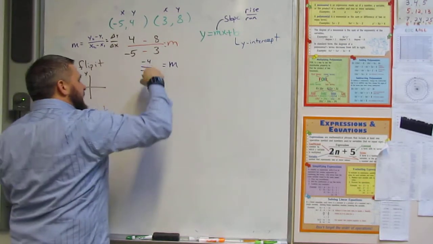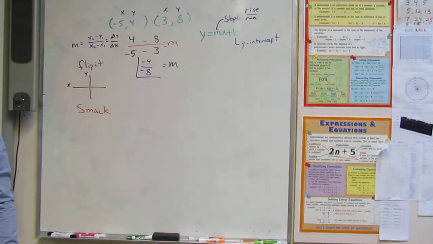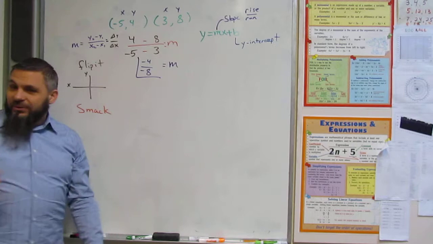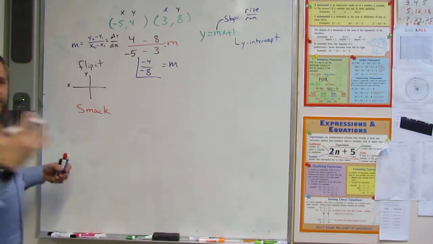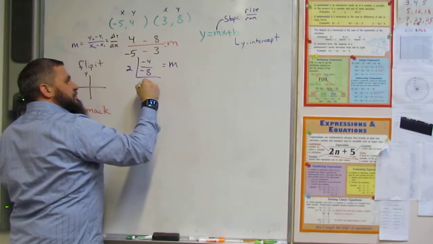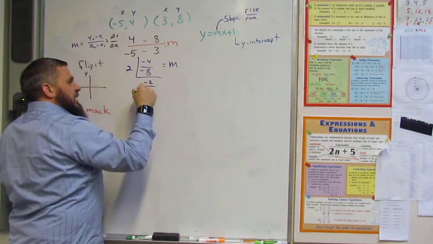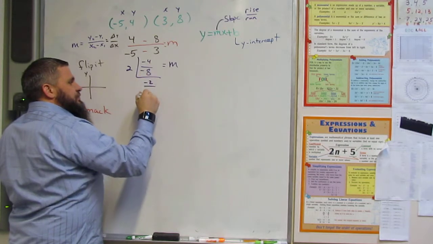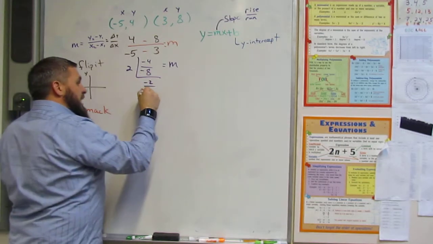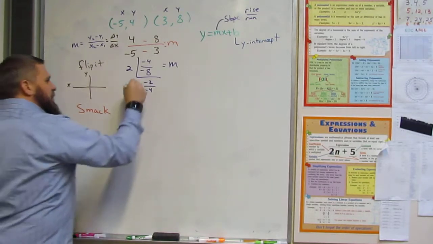So in this case, what goes into both of those numbers? 2 and 4, right? So if we started with just 2, 2 goes into 4 how many times? 2 times, and 2 goes into -8, -4 times, right? So if we want to get rid of those negatives, what would we divide by?